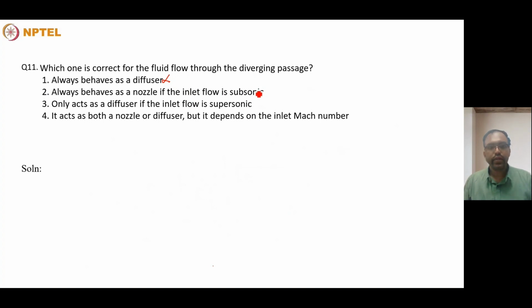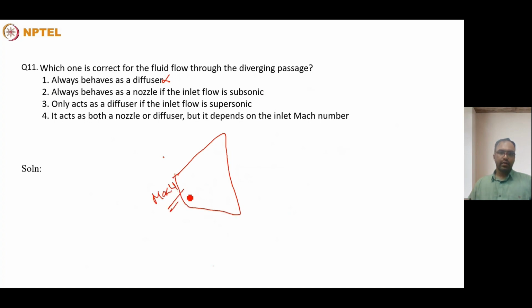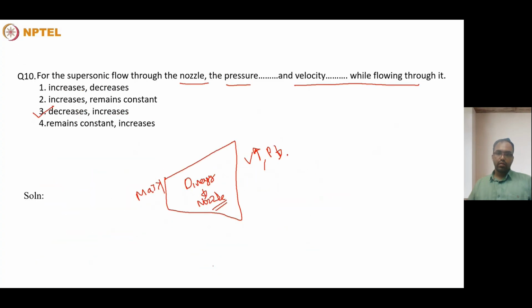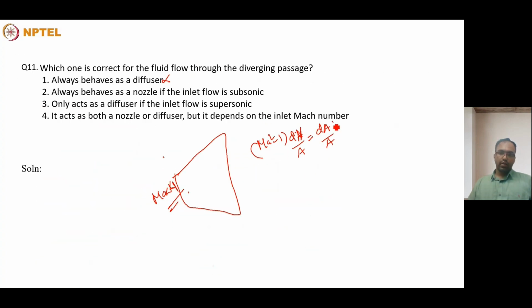If the inlet flow is subsonic, so for Mach number less than 1, this decreases.